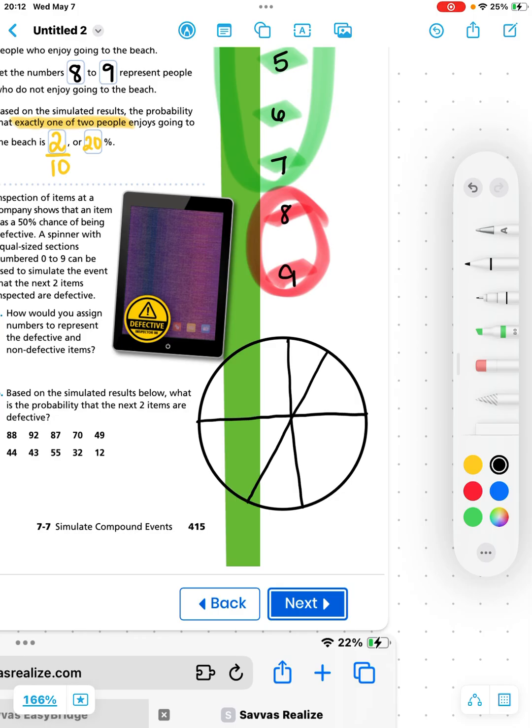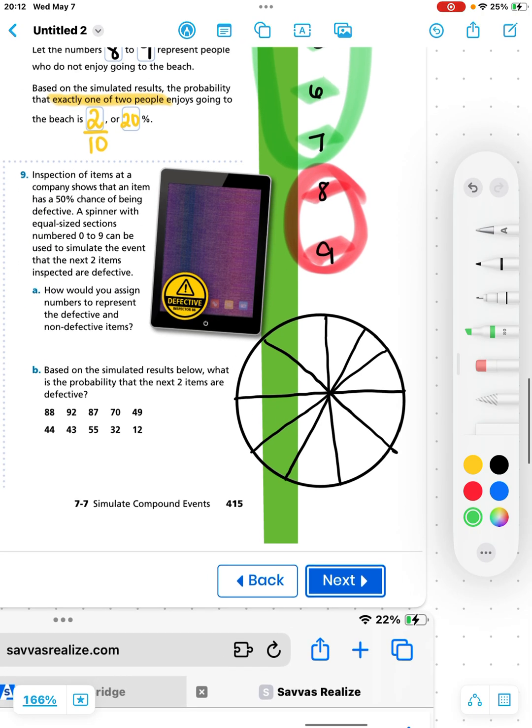I literally just did the exact same thing. We're going to pretend this is 10 even sections, guys. Okay, so each of these is going to be 0, 1, 2, 3, 4, 5, 6, 7, 8, and 9. It is a 0 through 9 selection.